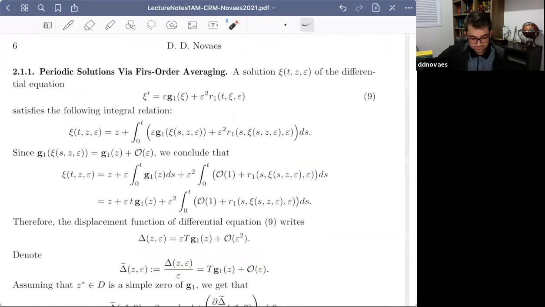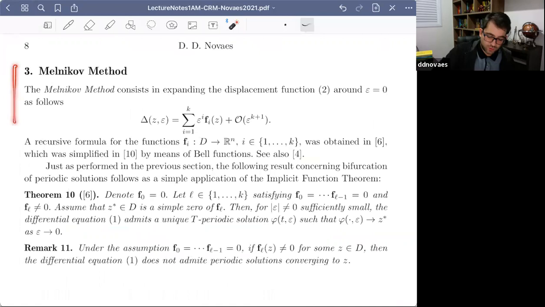Okay, we could try another approach to study the periodic solutions, still using the displacement function. We could try to avoid the step of the averaging method, the conjugation step. Okay, we could try to expand the displacement function without conjugating the difference equation with an almost autonomous difference equation.